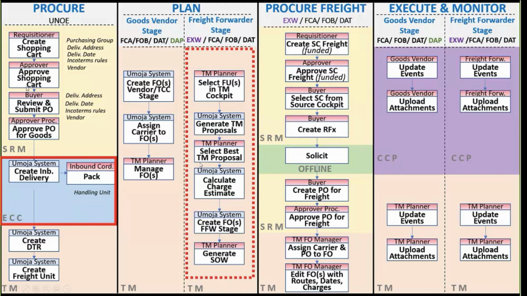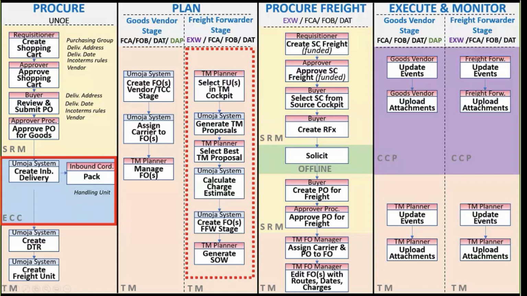The information that you insert at this stage will have great impact in all these processes which occur in the TM module, meaning it will impact the proposals for the routes and means of transportation that TM will generate.